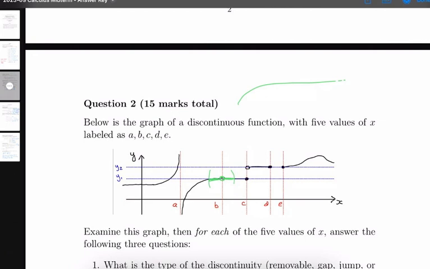So what is an example of a jump discontinuity here? A jump? Which one of these? So A is infinite, B is gap or removable, both are acceptable answers. So we have C, D, and E. Which of those would be a jump discontinuity, if any of them?